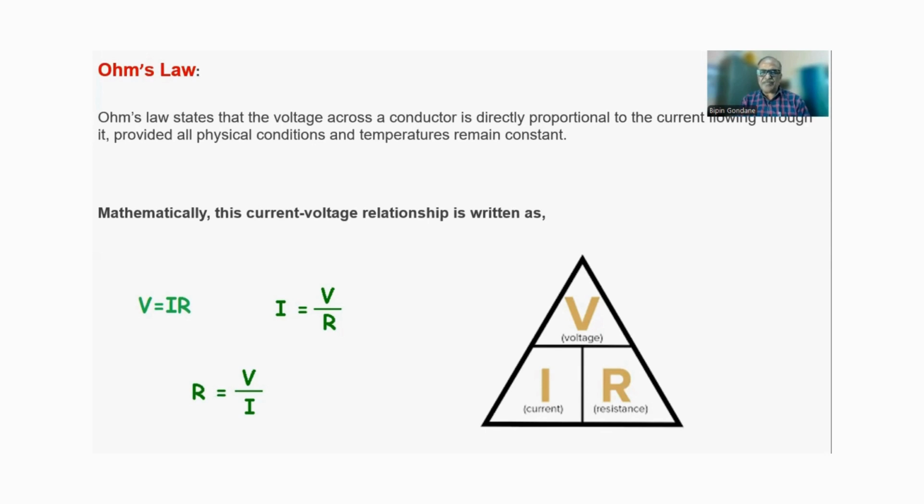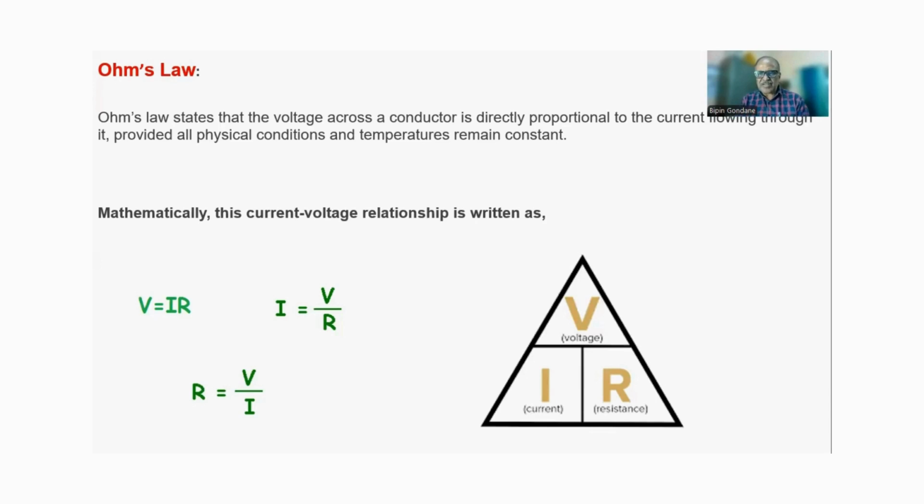That is not important for you, but you have to remember these three formulas: V = I × R, I = V / R, and R = V / I, where V is voltage, I is current, and R is resistance.